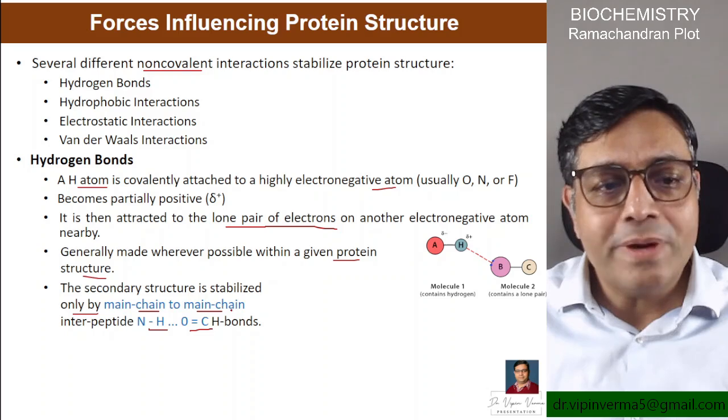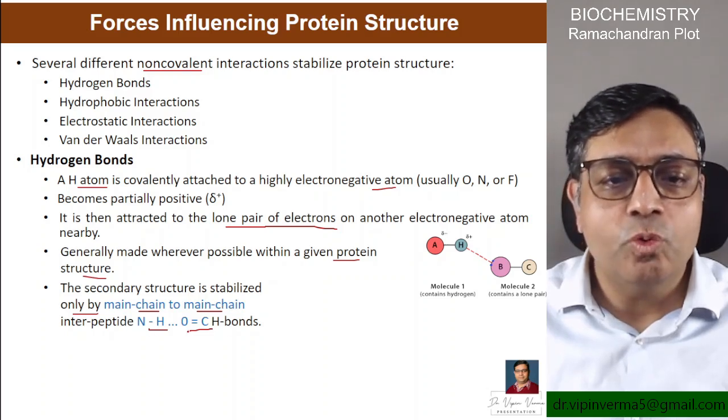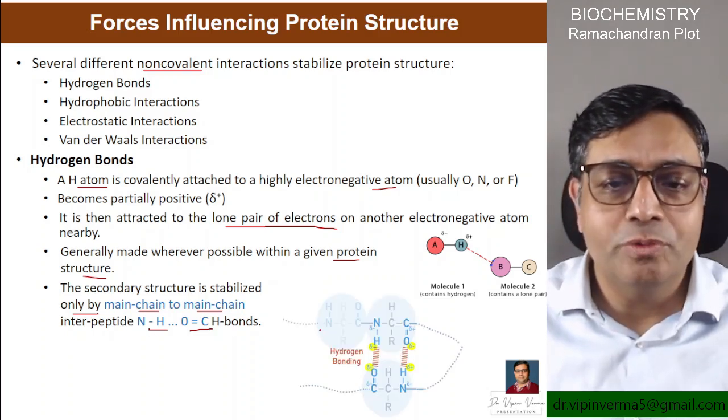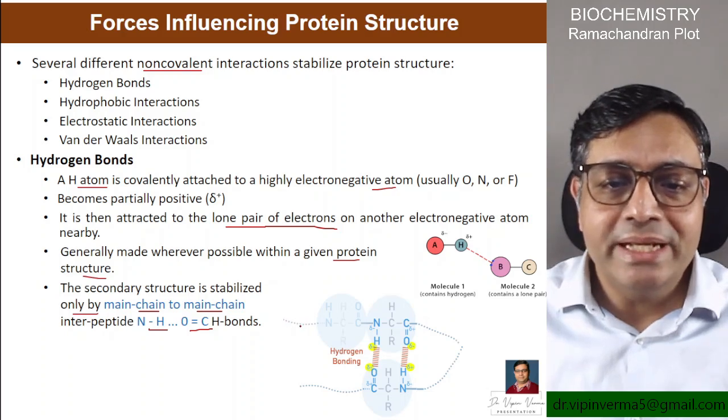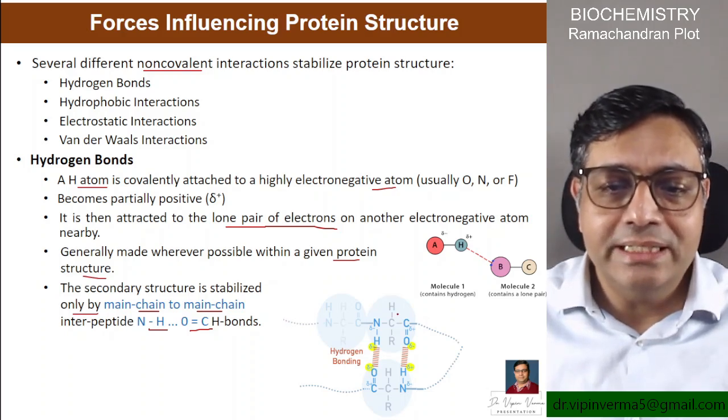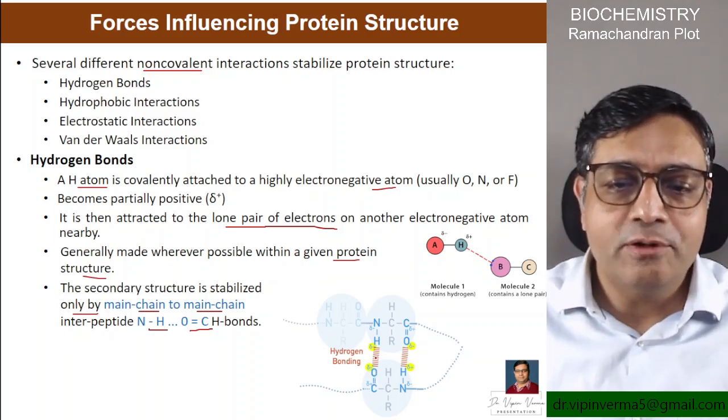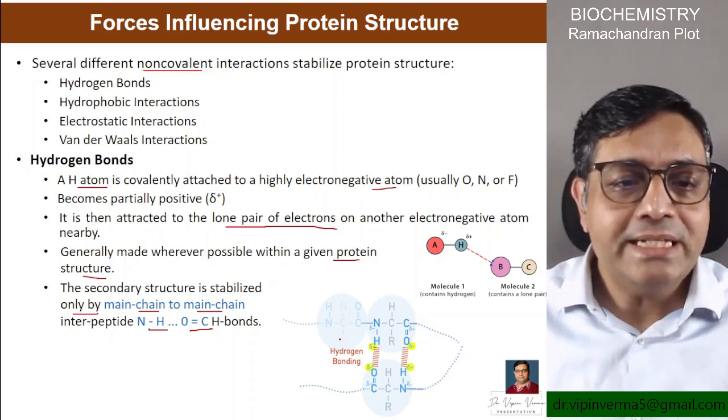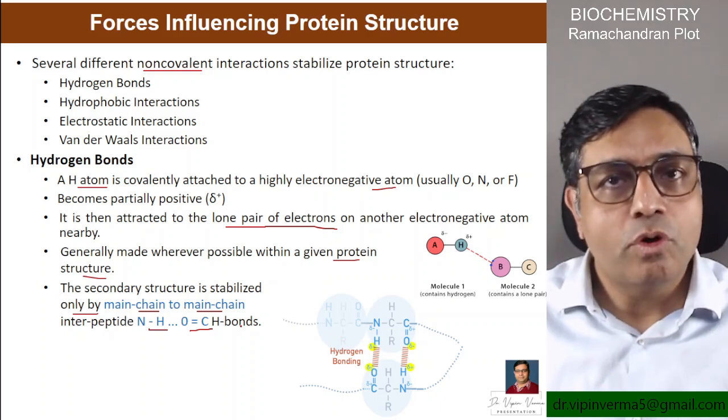So backbone to backbone interpeptide NH-CO hydrogen bonds. So you can see here, this is the main chain, and this is the NH of one residue, this is the CO of another residue, and they are forming a hydrogen bond. In a similar way, here they are forming the hydrogen bond, but that is happening only by main chain to main chain interpeptide bonds.